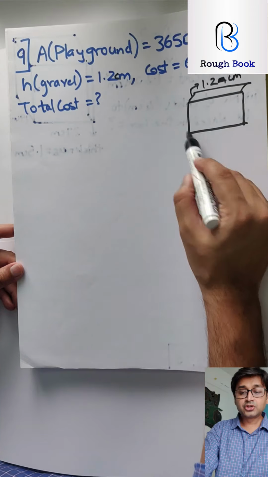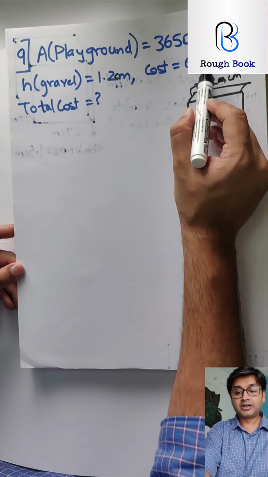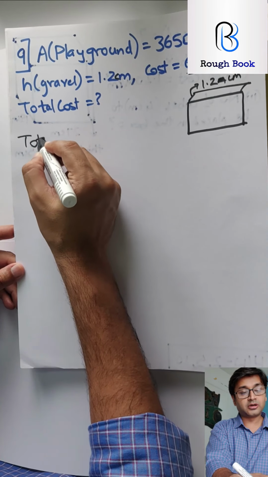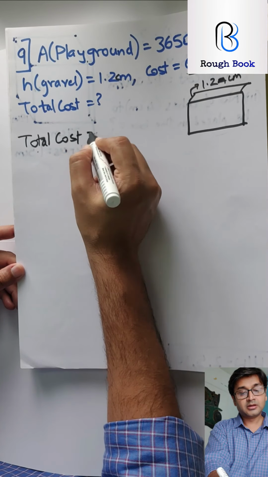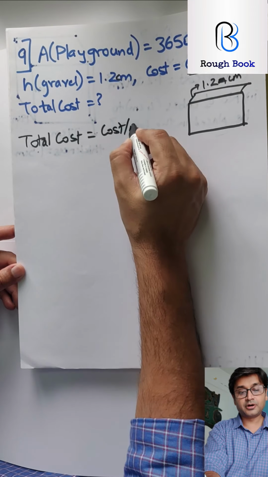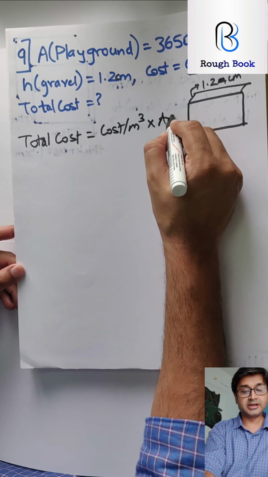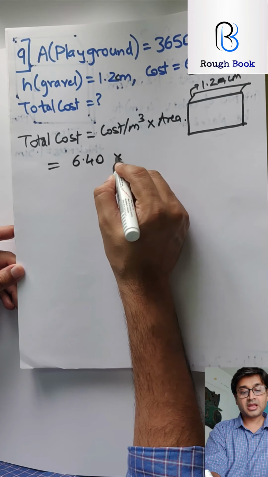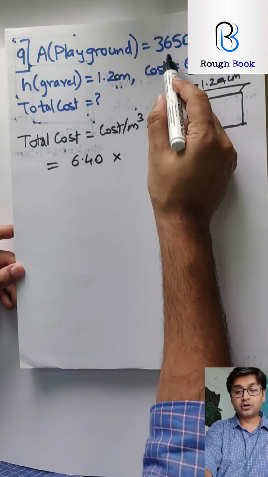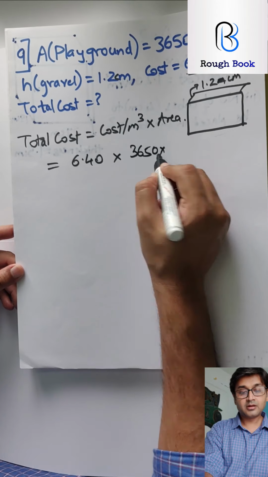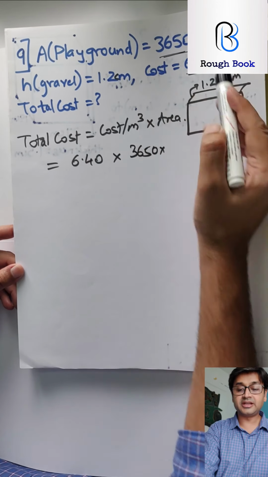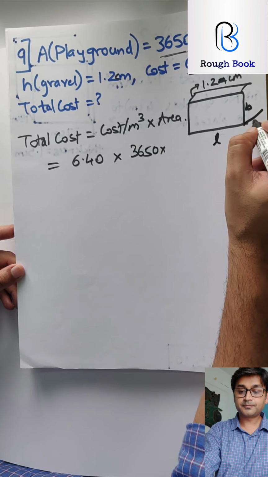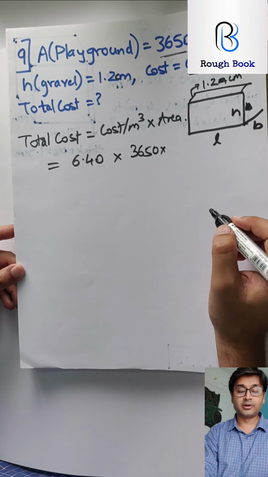Okay. So the total volume multiplied by the cost will give you the total cost. So basically total cost is equal to cost per meter cube into the volume. Now cost per meter cube is 6.40 and area is the original area, let's consider this as a rectangle, length into breadth, and height is given to you 1.2.